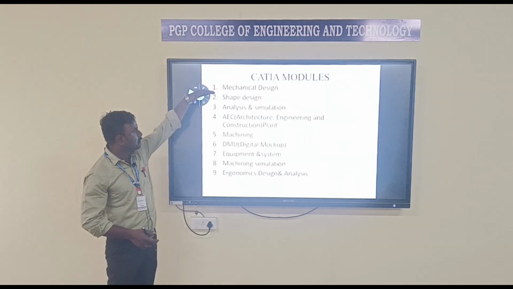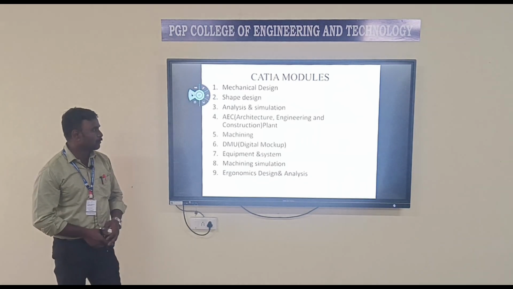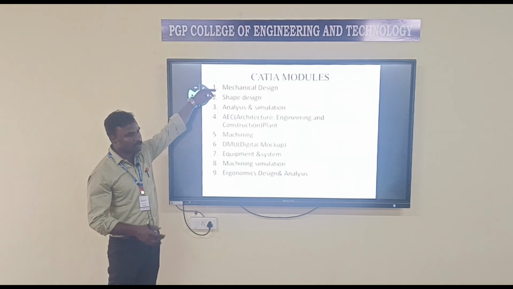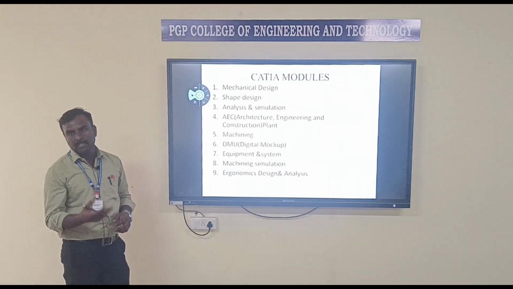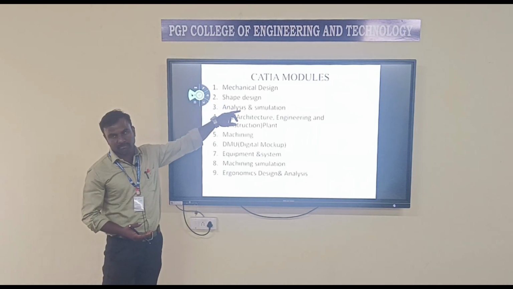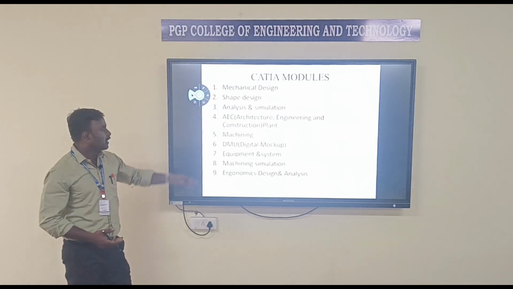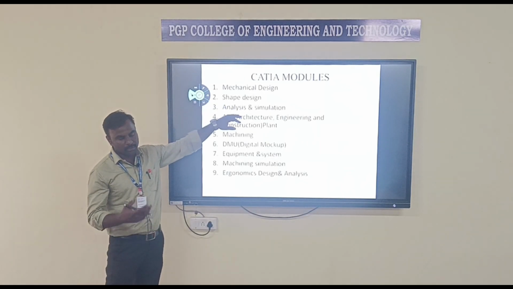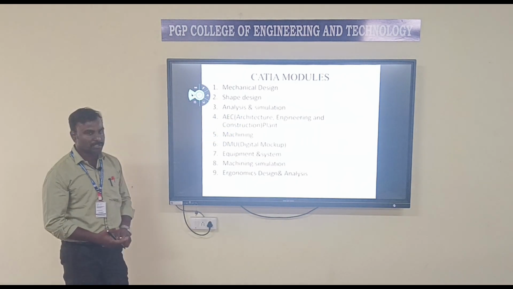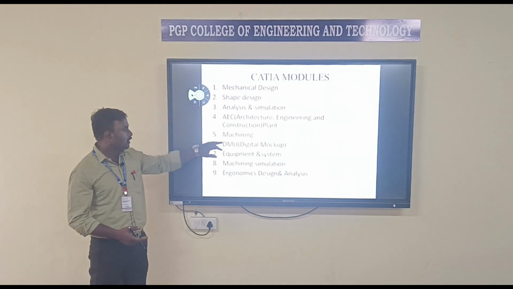Here we have mechanical design, shape design, and analysis and simulation. As I told you, with mechanical design we can produce the part component, and shape design we can use for sheet metal design work, and analysis and simulation we can do the analysis work, and architecture, engineering and construction of plant.